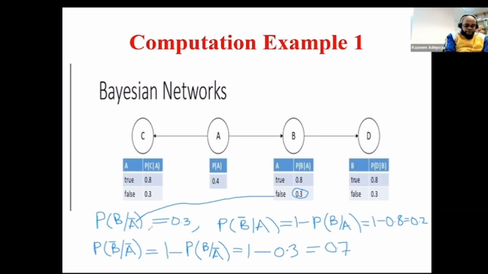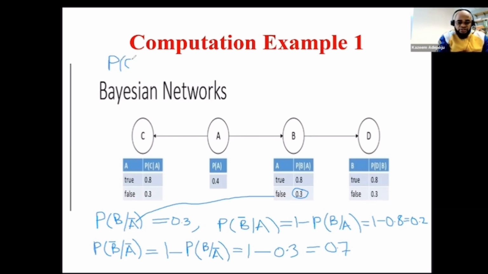Now, another question is, what if they ask you to find the probability of C? If you want to find the probability of C, don't forget, let me write that.